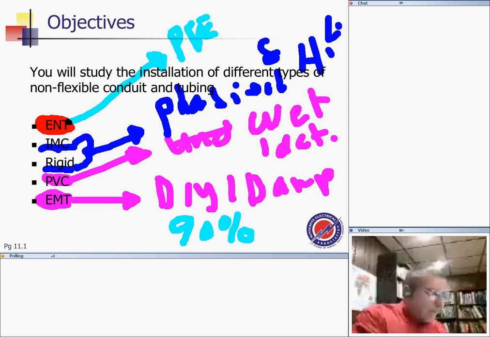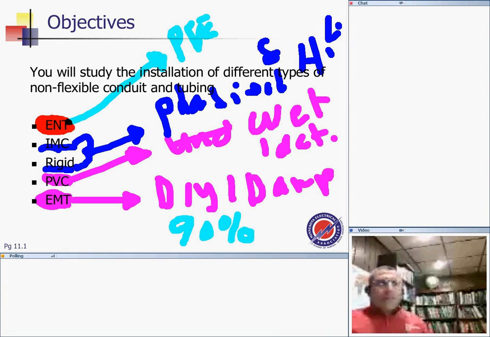I have a couple of other conduits, but these are the most common conduits you'll be encountering, and the ones we want to mention and go over. I can't emphasize enough that these are non-flexible conduits. We're not using flex in this case. So these are basically your options.